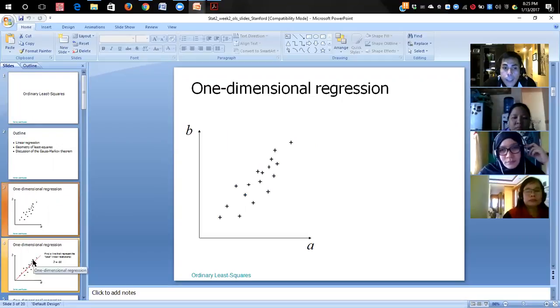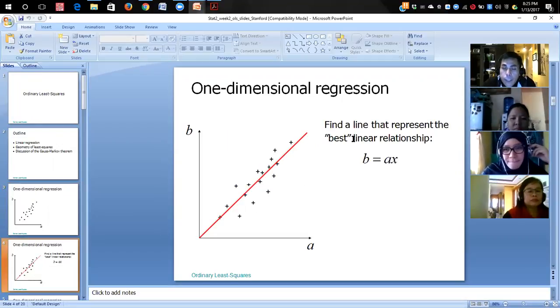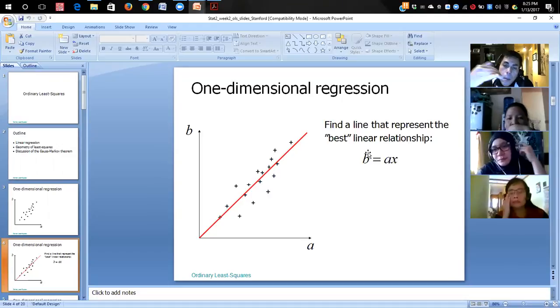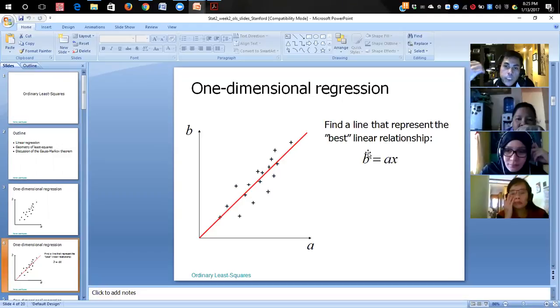And then right here, again, we put the line that best represents this best linear relationship. Is it that the higher the level of participation of the patient, the higher the satisfaction? Our null hypothesis for one-dimensional regression is that there is no relationship between the independent variable and the dependent variable.